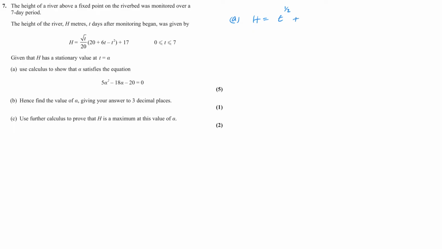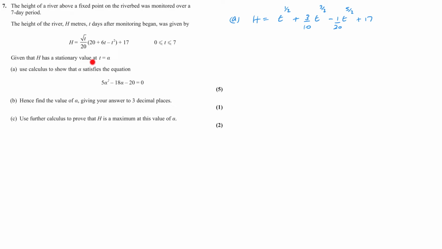Plus, now 6 divided by 20 is 3/10. t to the half times t to the 1 would be t to the 3/2, minus, and t to the half times t squared will be t to the 5/2, and that's 1 divided by 20, so 1/20, plus 17.